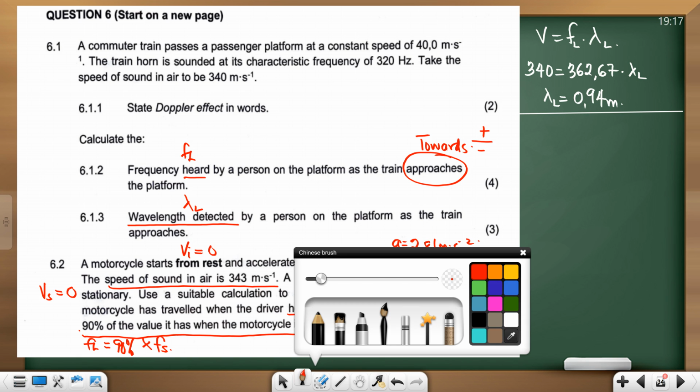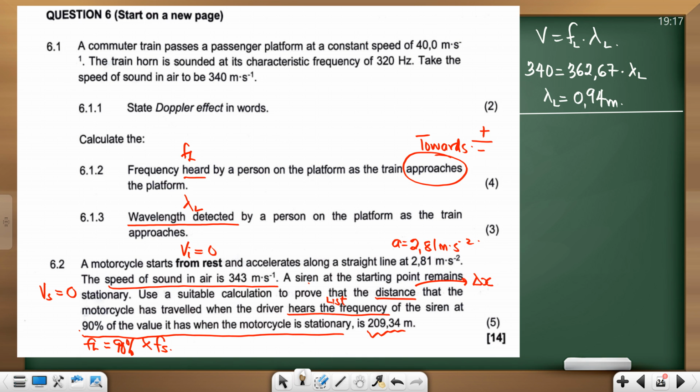Okay, hold on. Let's see quickly. So they brought in motion. Nice. They gave me delta x. I'm looking for delta x, right? Okay, let's check. Vf squared, because I don't have time, right? So I won't use any formula with time. This is the formula that's coming to my head.